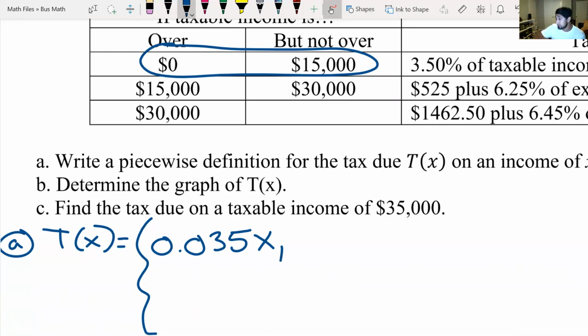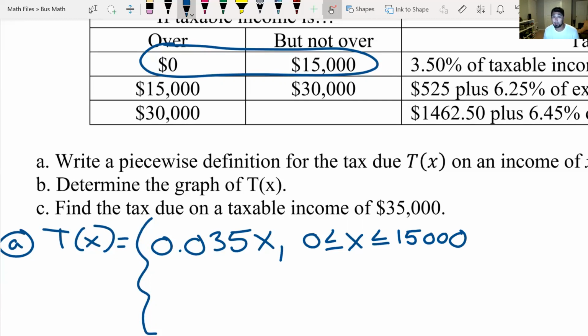And we can only use this function if we make between 0 and $15,000. Okay.